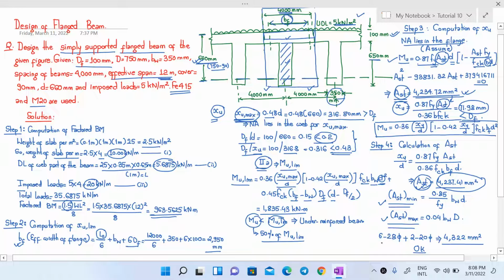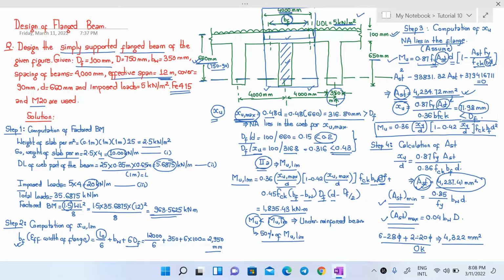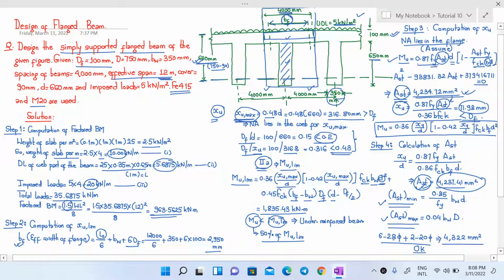Once you get the diameter and the number of bars, you can see how to place them in our actual beam here. The total bars we have here is 8. If I enlarge this figure, you can in fact put 4 28 dia bars in the bottom line, 2 28 dia bars on two sides at the upper line, and 2 20 dia bars in the middle in this way.